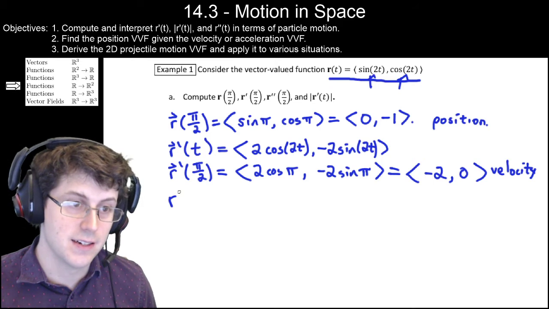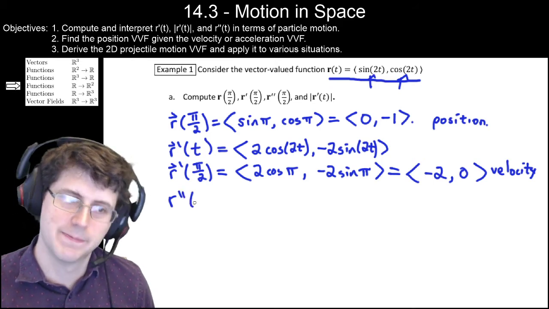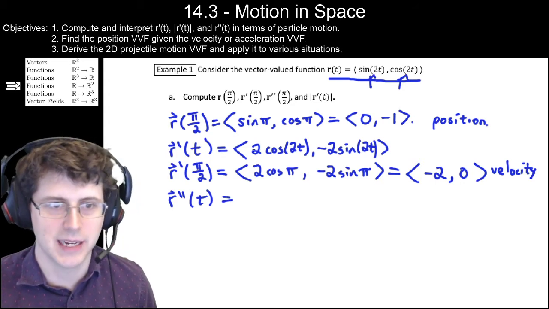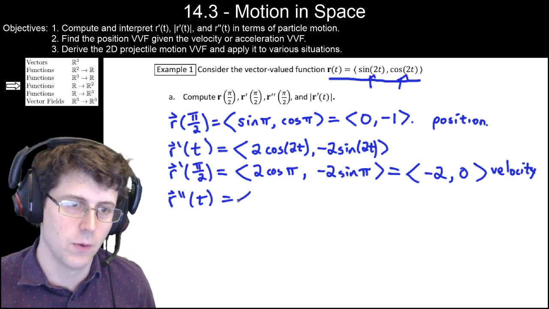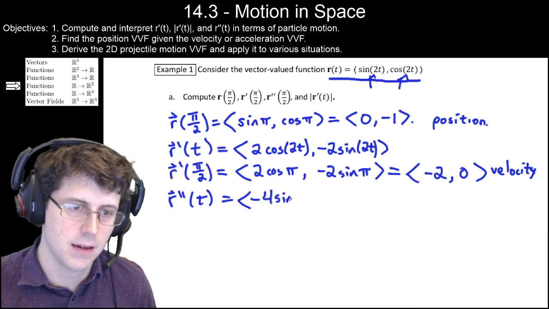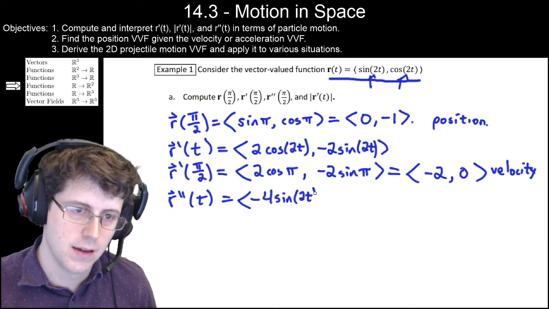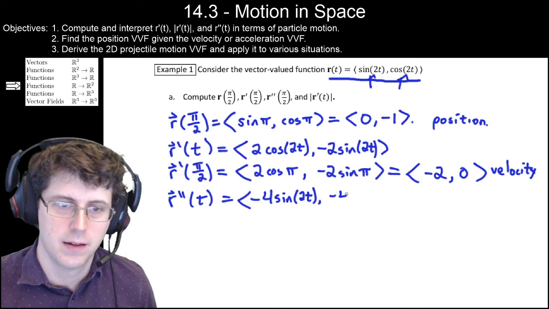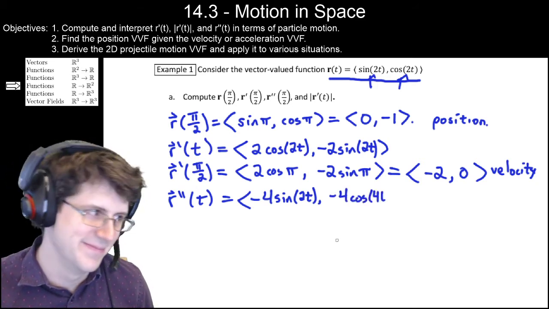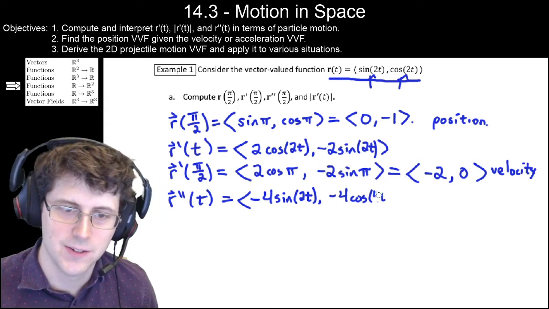Then to find r double prime of pi over 2, I need to find r double prime of t first, which you get by taking the derivative of r prime of t, one component at a time. When you do the chain rule, you keep the inside the same.